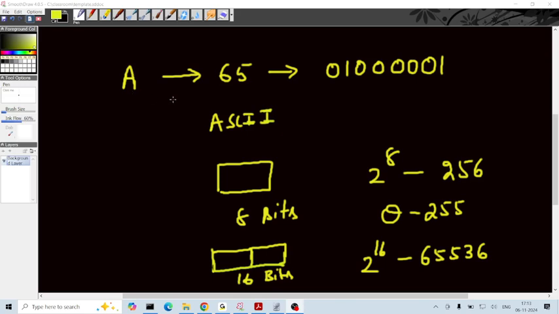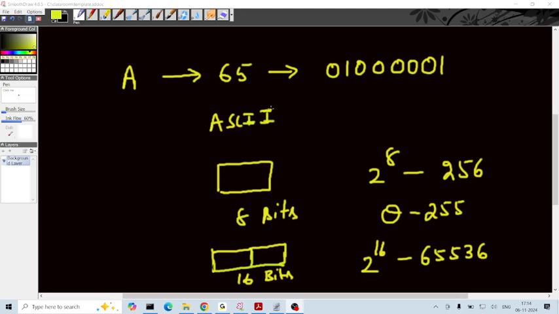So capital A is given 65, so that every time you want to store A, you are actually converting that to 65, then convert that to binary, and this binary is stored in the system. Like that, for every character, you have a corresponding code, and those codes are internally stored.